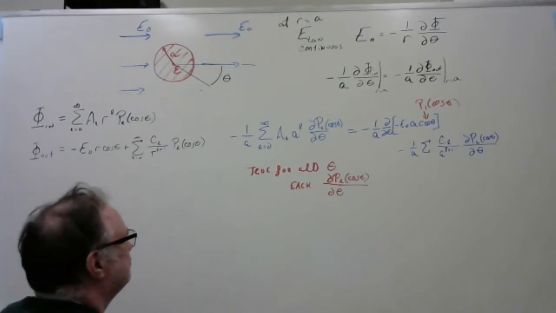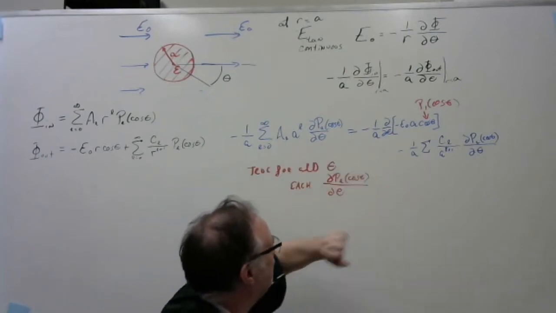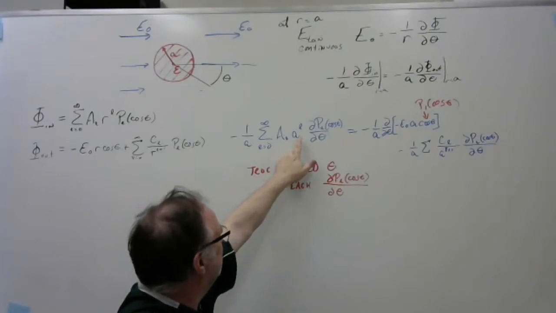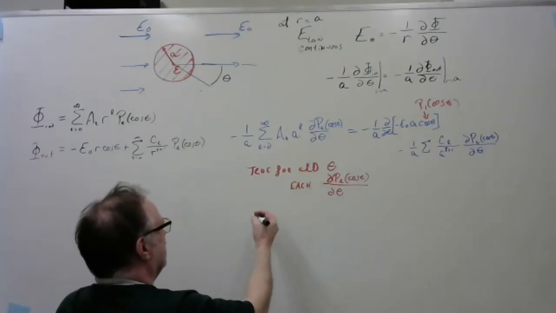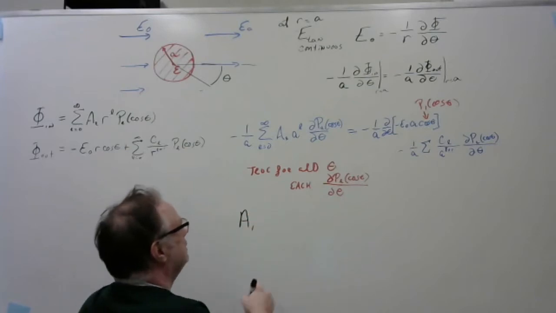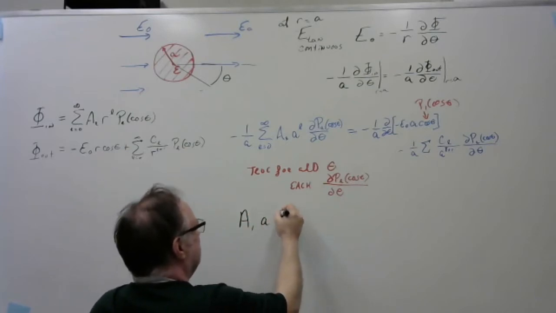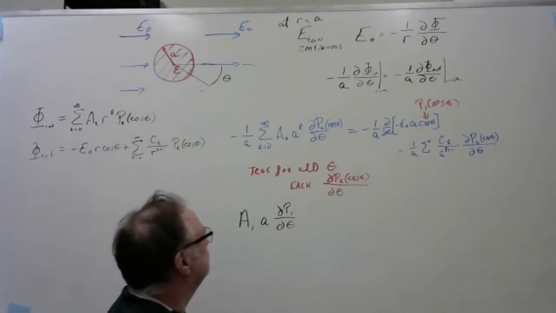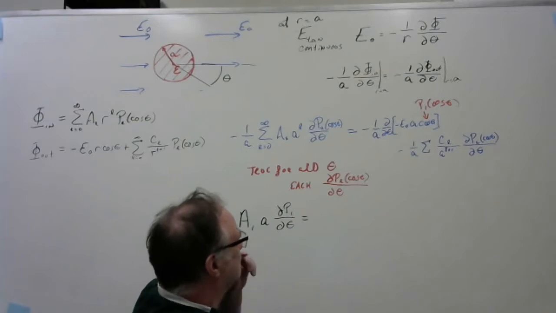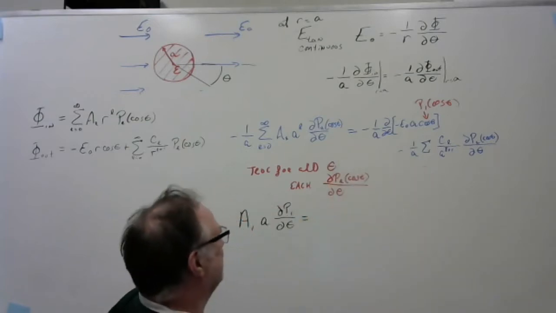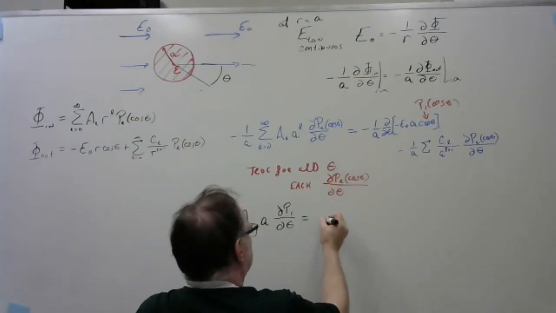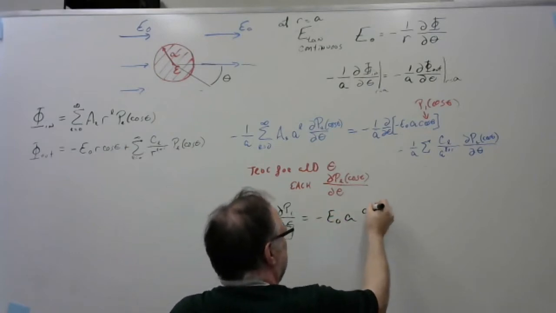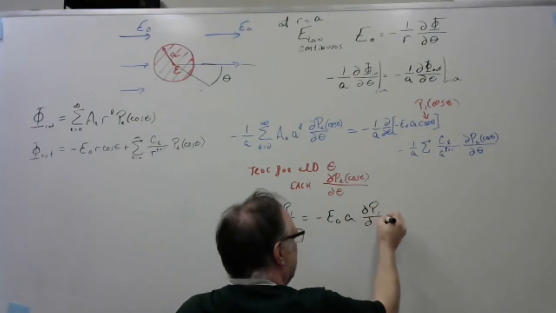So what I get out of this: the 1 over A is in every factor, so I don't need to worry about that. The A to the first power is in this factor. So the L equals 1 terms look like this. I got A1 A, dP1 d theta, right here, equals, multiplying out all the minus A's out here, negative E naught A, dP1 d theta.